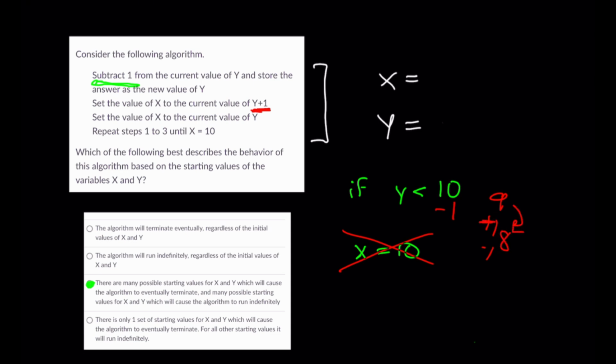And then we add 1 there, so it goes back to 9. Kind of like if we have 11, and then it goes to 10, but then it goes back to 11. That would work. But if the number is less than 10, we will never get to x equals 10. So that's why there are multiple possible ways to get it to terminate, but many possible ways to get it to keep running. So that's why C is the answer.